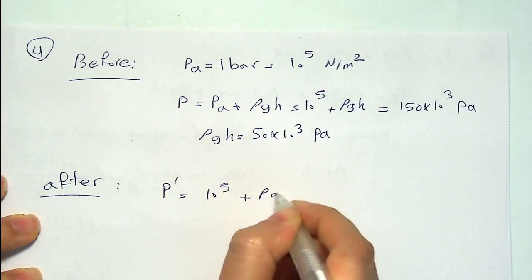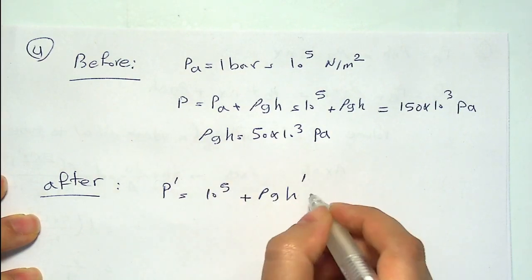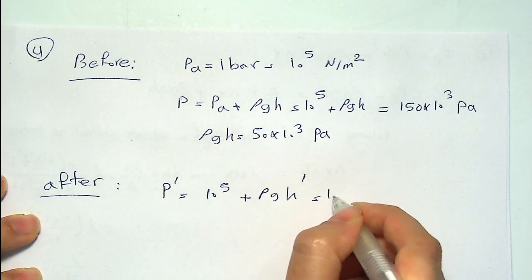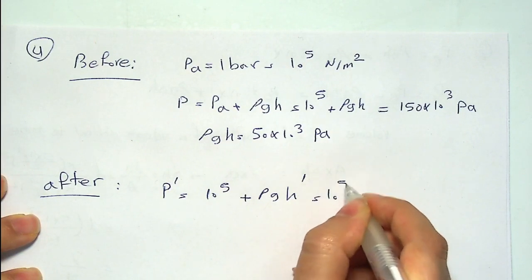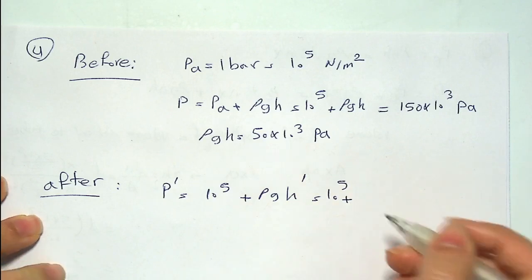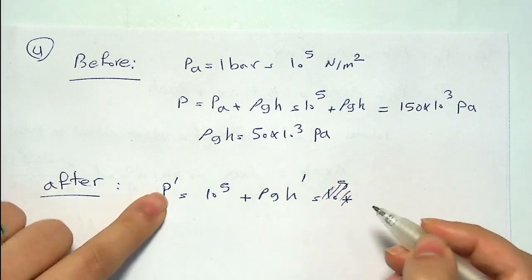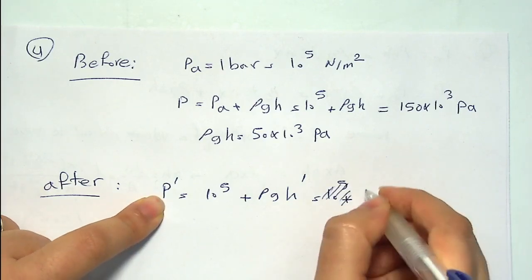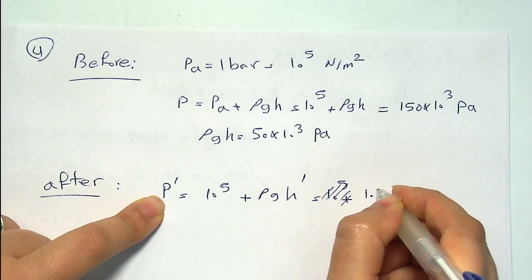In the second stage, after we have added the pressure, the second pressure is the atmospheric pressure plus the new height term. We know that P prime has a 50% increase.